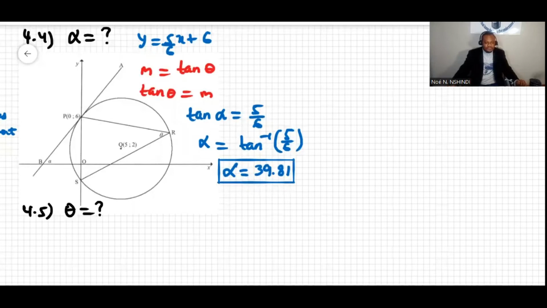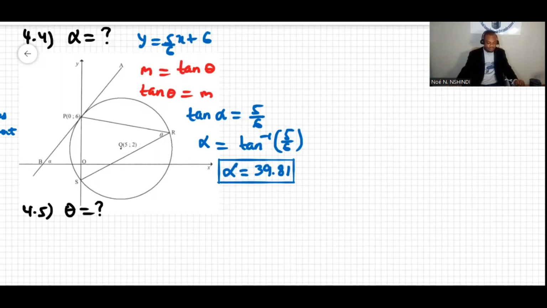One of the reasons is what we call the tangent-chord theorem, because we have the tangent line over here, and we also have the line PR, and the line RS.